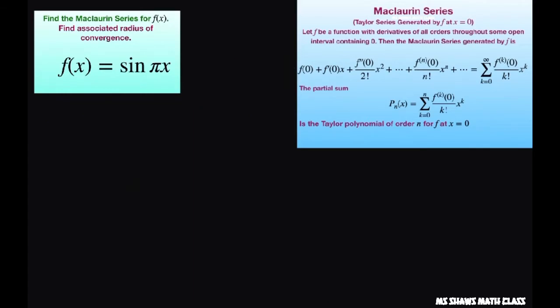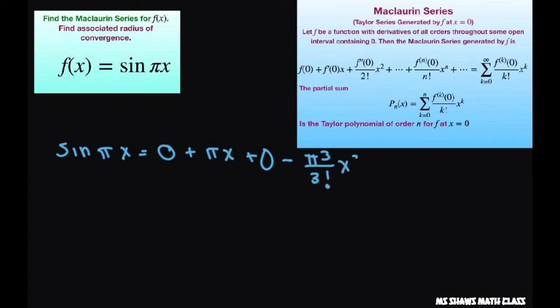We're going to get sine pi of x equals 0 plus pi x plus 0 minus pi cubed divided by 3 factorial x cubed plus 0 plus pi to the 5th power divided by 5 factorial times x to the power of 5 plus dot dot dot.